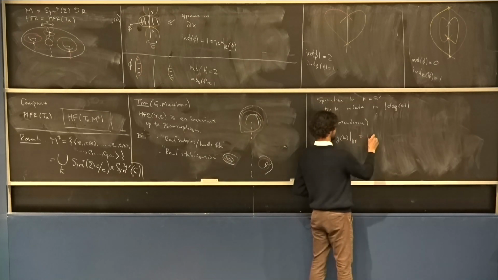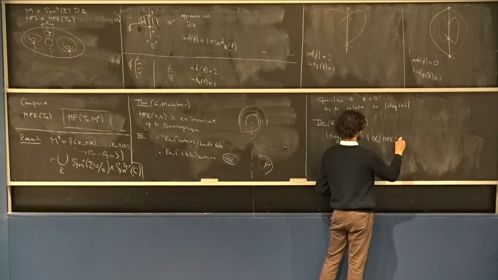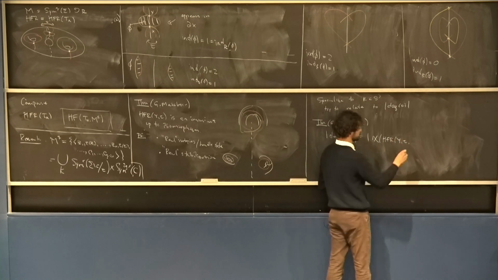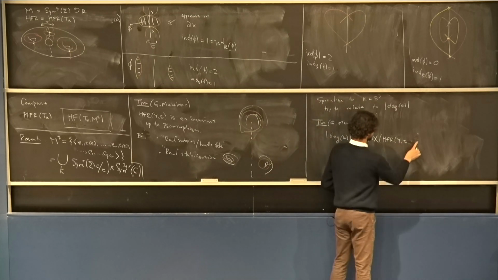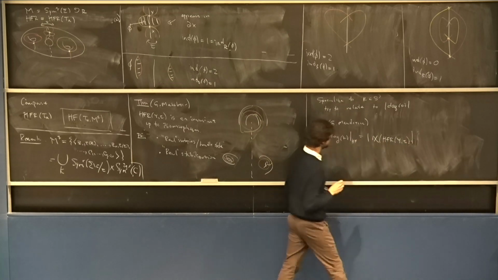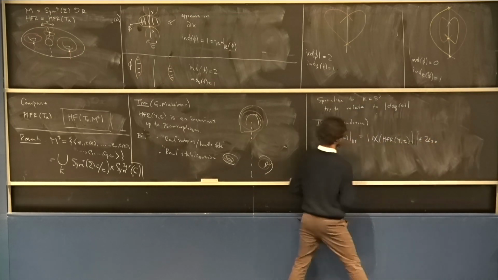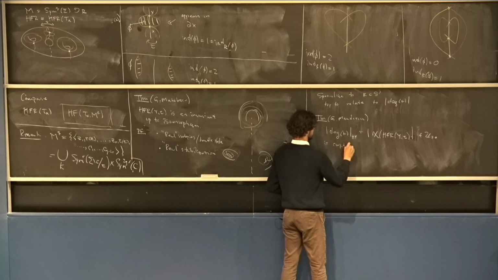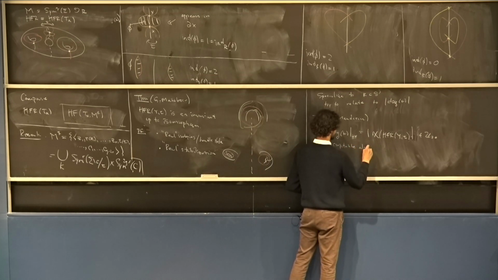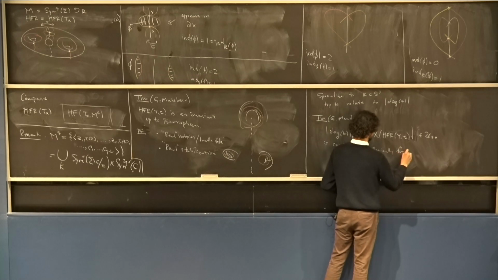And again, this is just the absolute value of the Euler characteristic of HF^R(Y, τ), which is some positive number. And the point is, this is computable algorithmically from a Heegaard diagram.